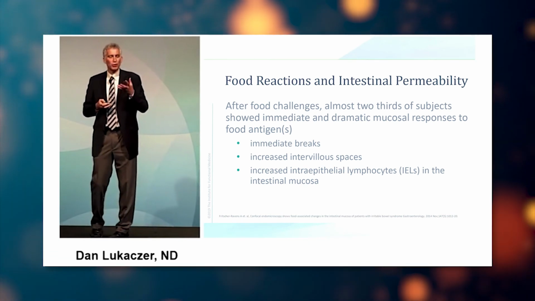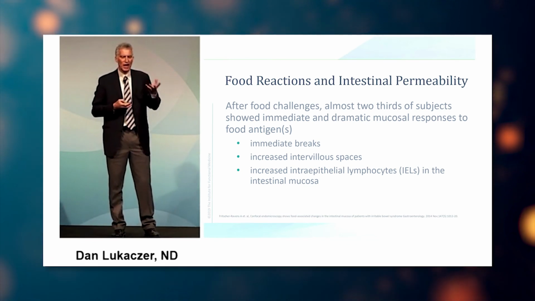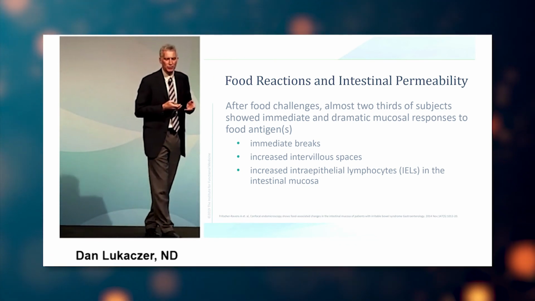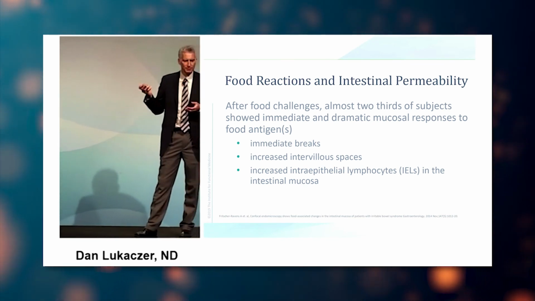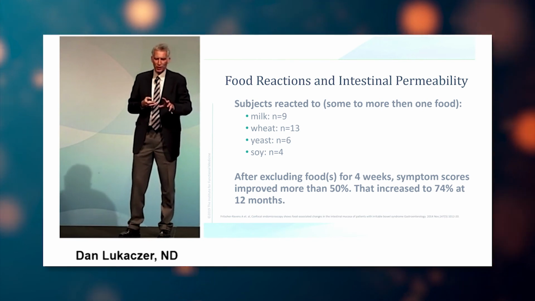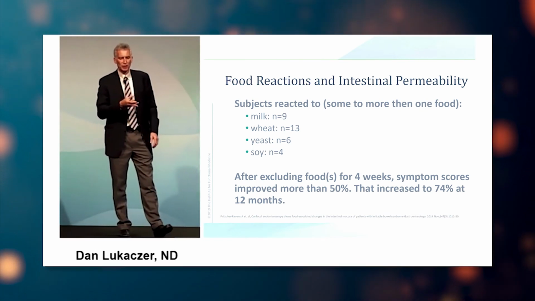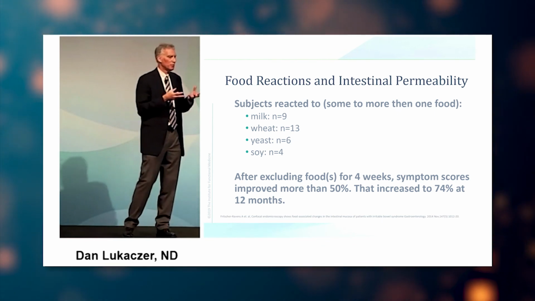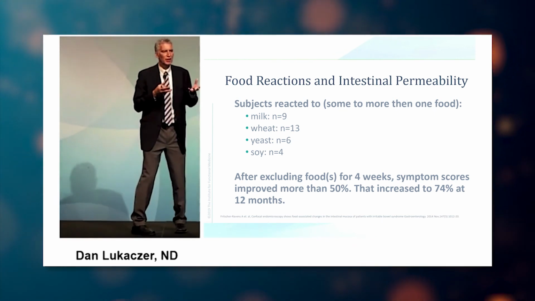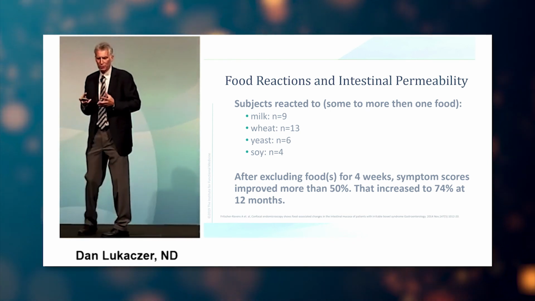They showed that almost 2/3 of patients who had IBS symptoms, challenged with certain foods, had these dramatic structural changes. And more importantly, when they removed those foods from the diet, they saw good correlation with clinical response. Patients reported improved symptom scores by 50% at 4 weeks and 74% at 12 months.